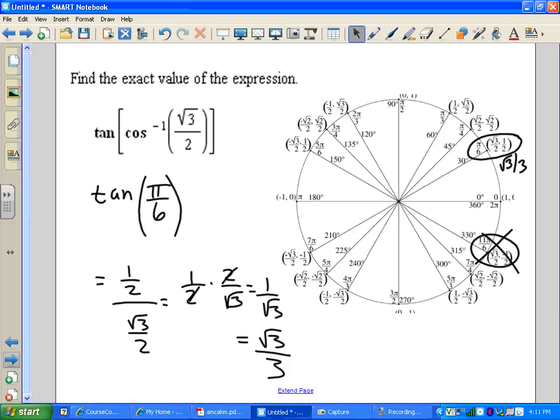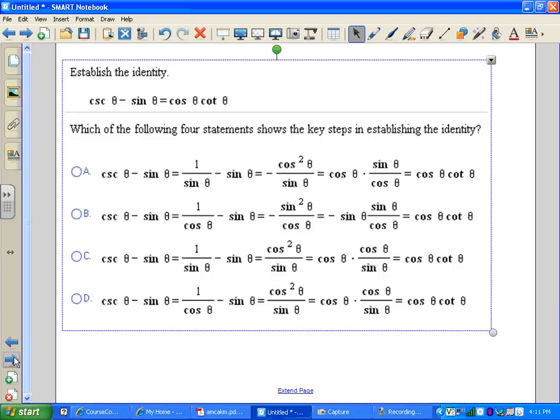Now, let's see the next one here. Now we're looking at an identity. This one's actually fairly simple. Now, let's look at the last step and see if the last step kind of makes sense on each one. So let's start with that one. So in this case, if I said cosine times sine over cosine, let's see, how could that give me cosine times cotangent?